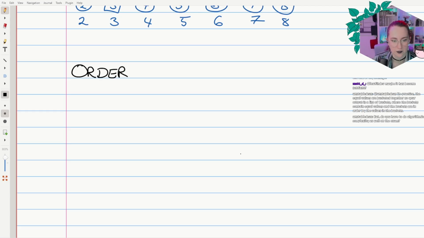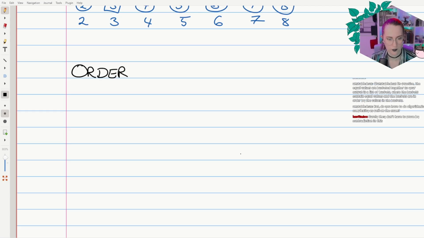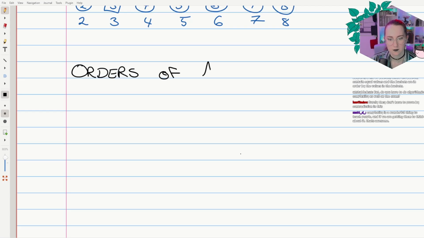So, orders of algorithms. This was a really weird thing for me to try and learn because it's been a hot minute since my first year of undergrad, but learning the order of operations and big O notation, little O notation, doing it a bit softer.